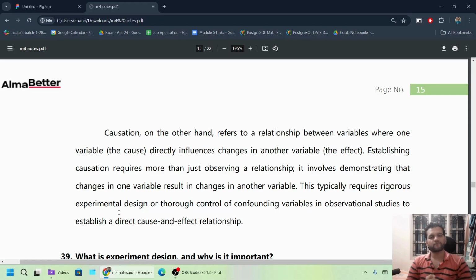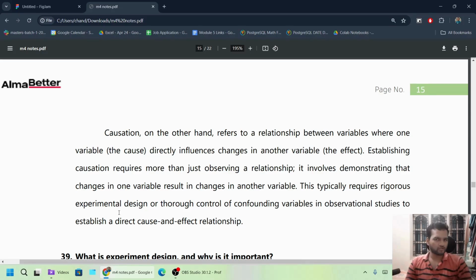As an example for causation: if we study hard every day, that leads to higher grades in the test. Studying hard is our daily activity, an effort we are putting in. Getting high grades is the result: if we study hard, we will get good marks.